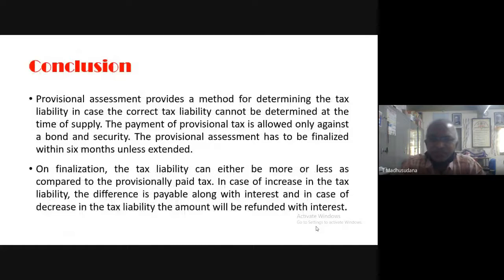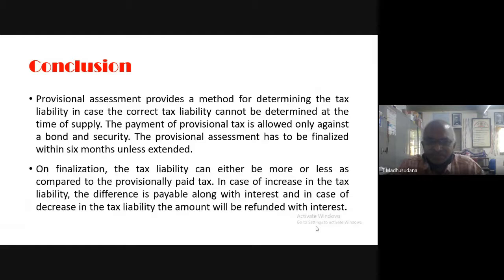So provisional assessment provides a method for determining the tax liability in case the correct tax liability cannot be determined at the time of supply. The payment of provisional tax is allowed only against a bond or security. The provisional assessment has to be finalized within 6 months unless extended.